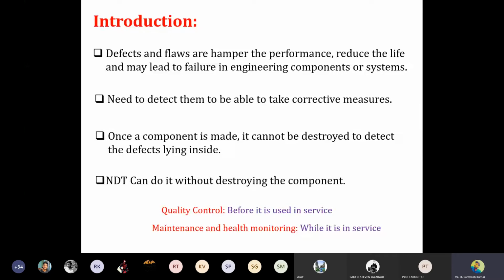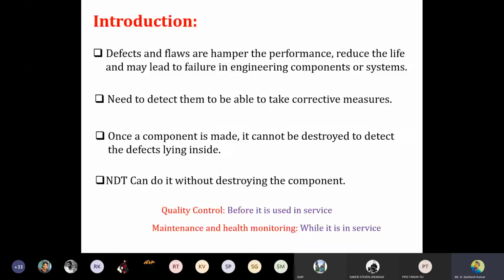So you have to check the quality of the component before it goes to the market, or to its end user. You have to test the entire component, for inside defects or surface defects, before it reaches the end user, our customer. That is one important thing.